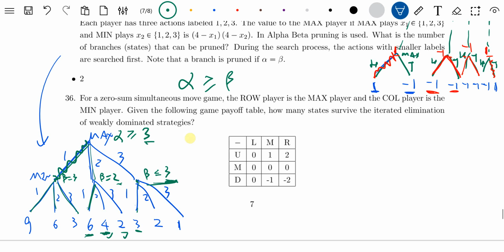So it's possible it's less than 3. So max does not really care how bad it is. So I'm not going to search for the max player. The max player will not care how bad it is, less than 3 it is, because the max player can get exactly 3 from action 1. So that's why the whole thing is pruned. That's why two of them are pruned. This branch and this branch.